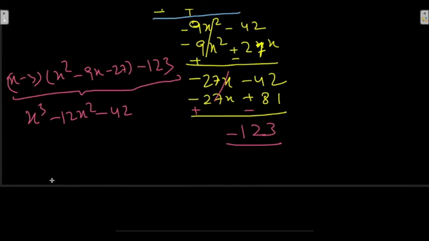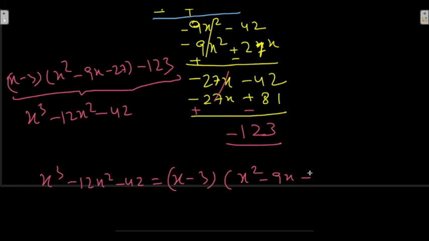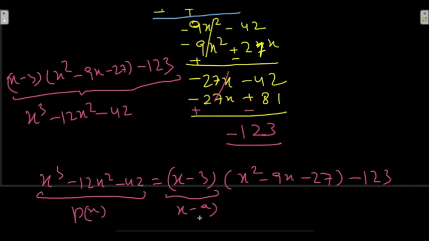So x cubed minus 12x squared minus 42 is equal to x minus 3 times x squared minus 9x minus 27, minus 123. Now this is nothing but p of x. This is x minus a. This is our quotient polynomial, which is q of x, and this is our remainder r.